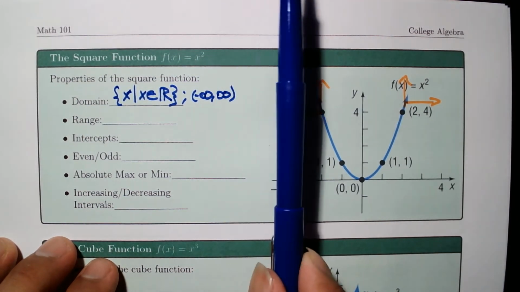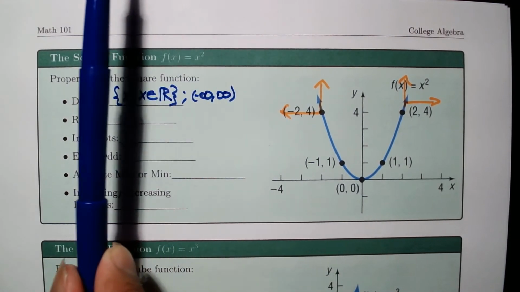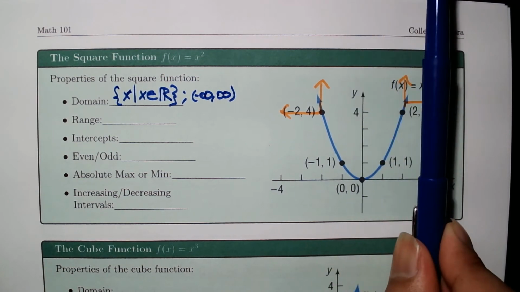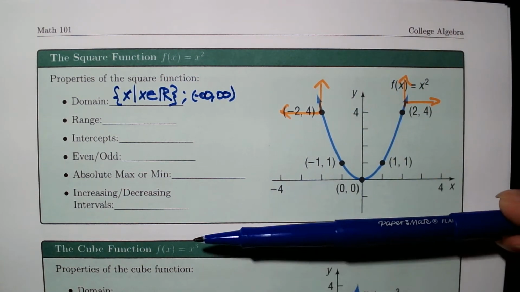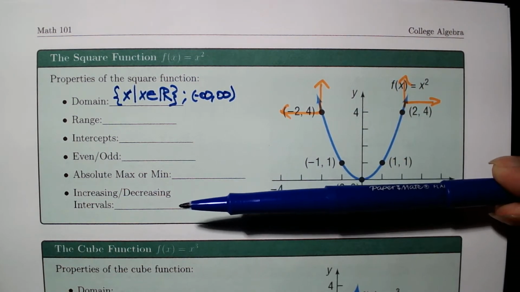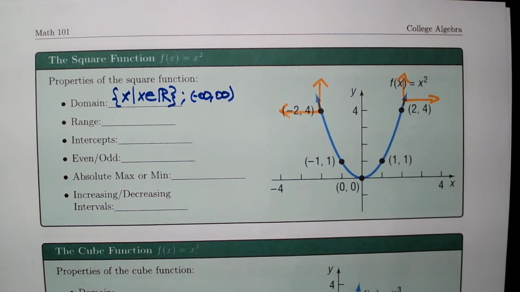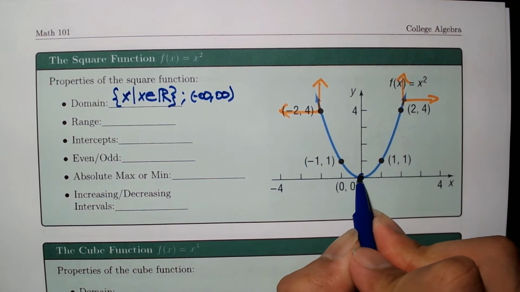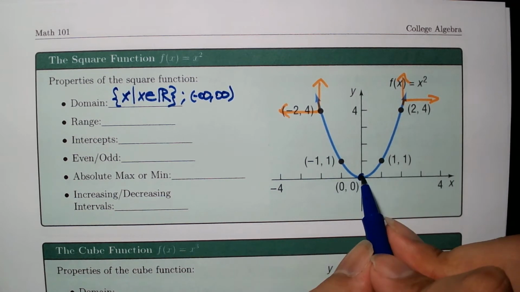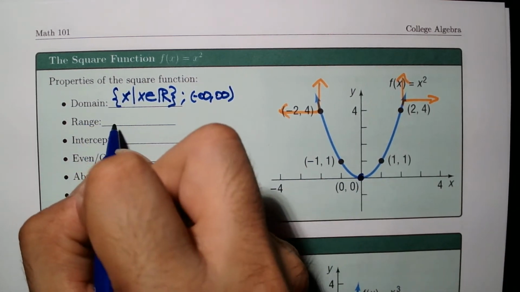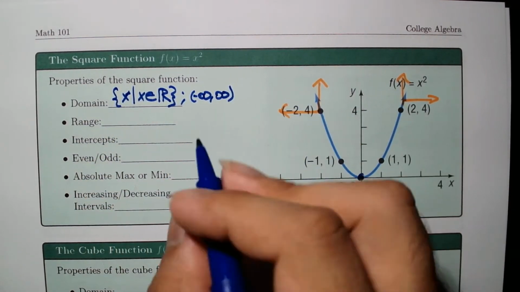Here, the smallest value of x was negative infinity. The largest value of x is positive infinity. Here, the smallest value of y is not going to be negative infinity. In this case, it's going to be the vertex of the parabola for which the y value is 0.